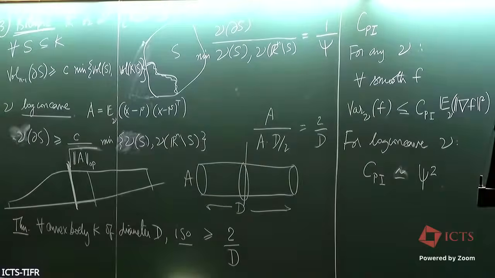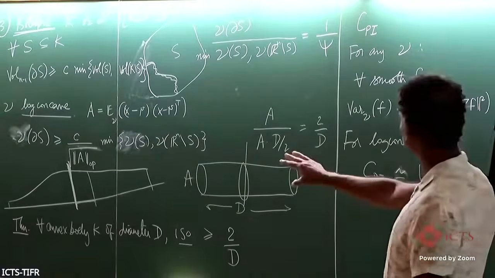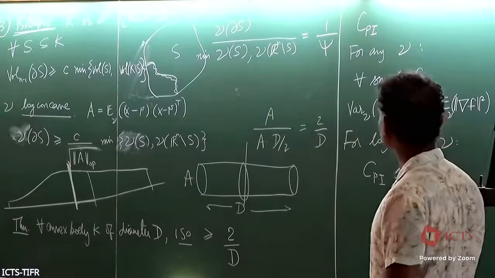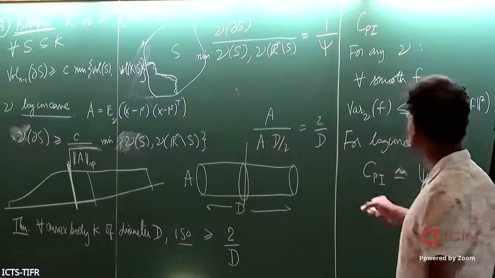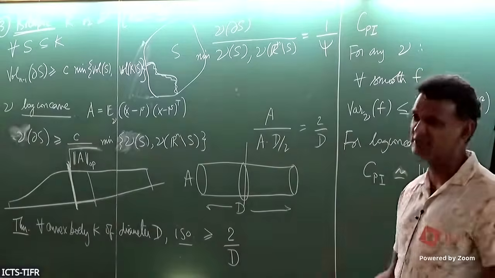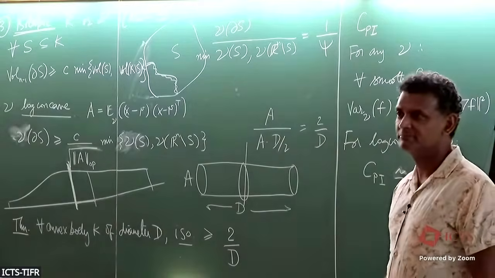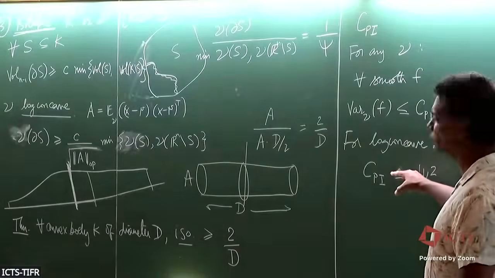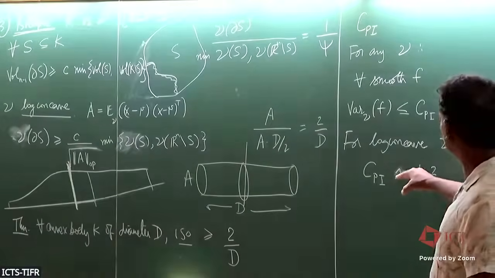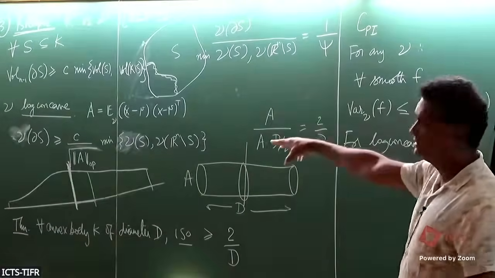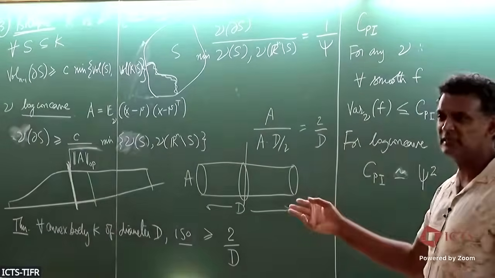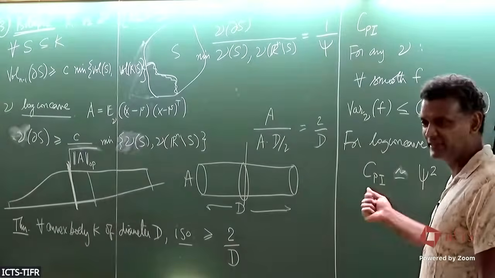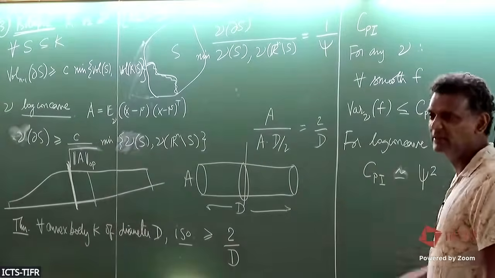So one way to formulate the KLS conjecture is that for isotropic log concave distributions, the Poincare constant is a constant. One direction of this equivalence is always true, meaning if you have Poincare, it implies isoperimetry for any distribution. The other direction uses log concavity.